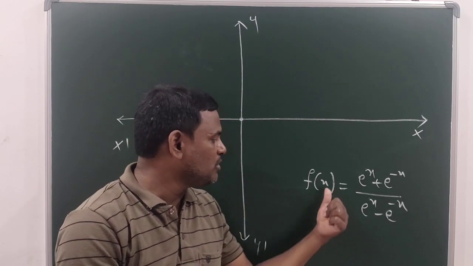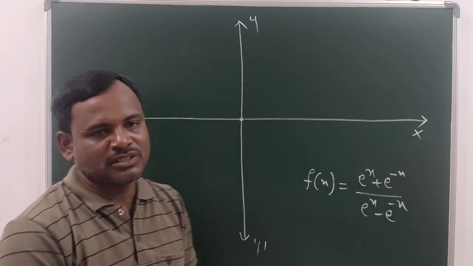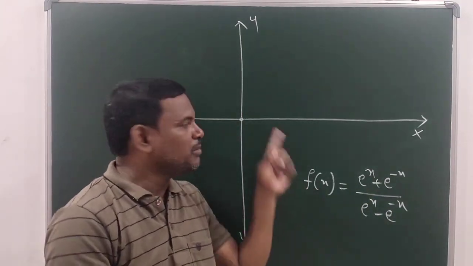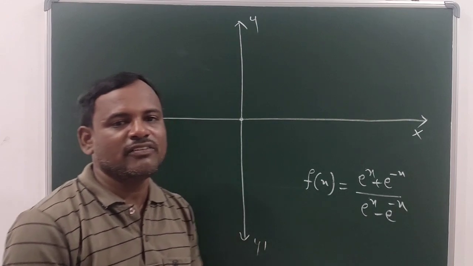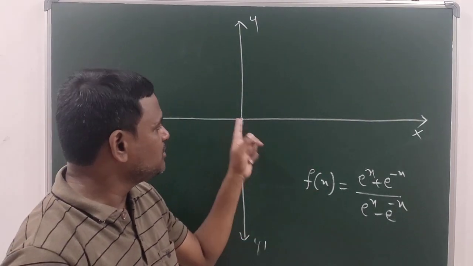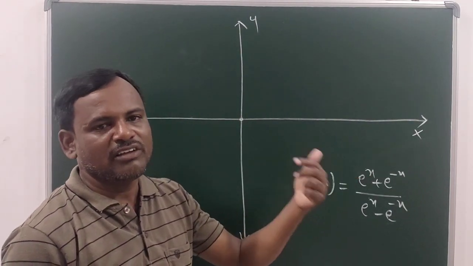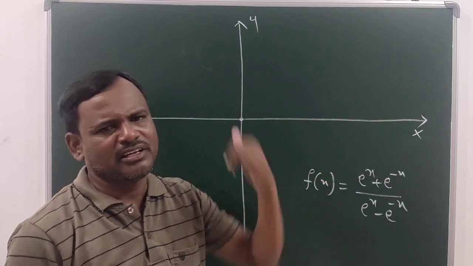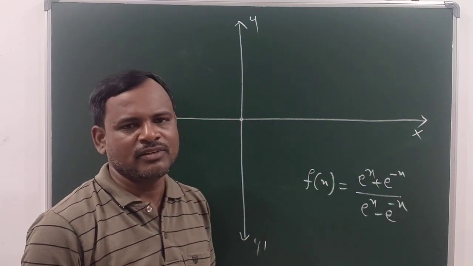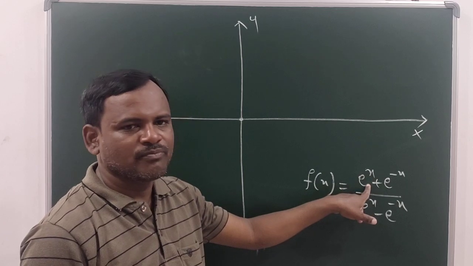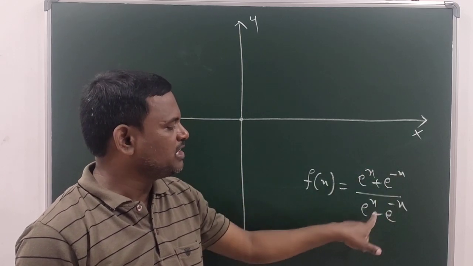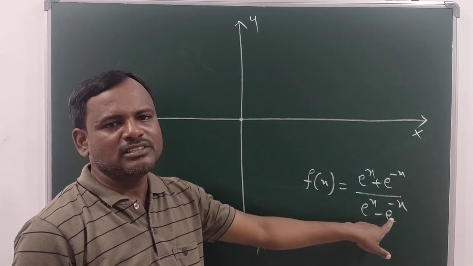First, I would like to assign x equal to positive real numbers. When we write x equal to positive real numbers, how do you get the graph? Let us begin with values more than 0, like 1, 2, 3, infinitely many values you can assign. If you write x equal to 1, you will get e power 1 plus e power minus 1 by e power 1 minus e power minus 1.